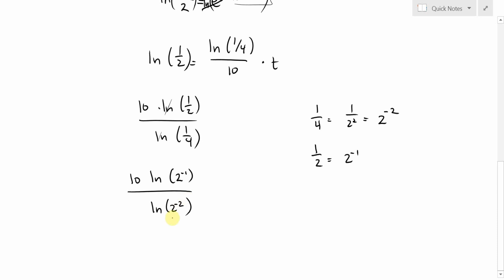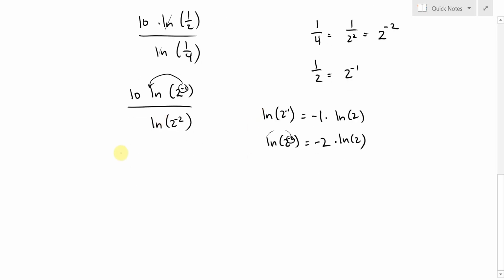All right, but wait a minute. What property do logarithms obey? The exponents pull out in front, right? So ln of 2 to the negative 1 is that negative 1 comes right out front: negative 1 times ln of 2. ln of 2 to the negative 2 equals that negative 2 comes out front: negative 2 times ln of 2. So we can rewrite this instead as 10 times negative 1 times ln of 2.